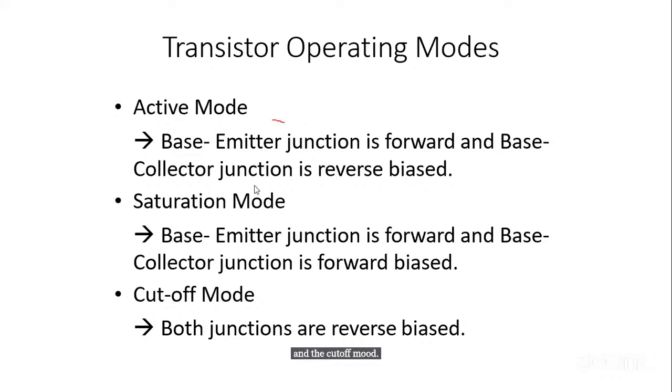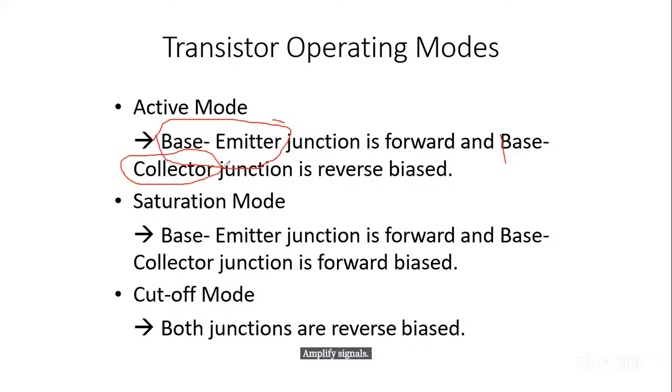The active mode is when the base emitter junction is forward biased, and then the collector base junction is reverse biased. That is the active mode. Now, one of the applications of a transistor is to amplify signal.